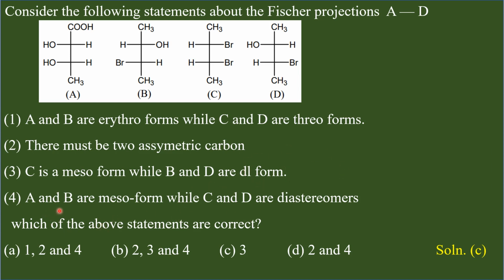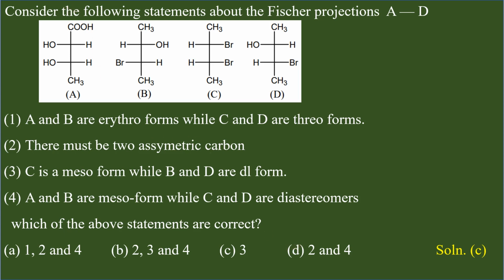The fourth one, A and B are meso forms while C and D are diastereomers. So, which of the above statements are correct? 1, 2 and 4; 2, 3 and 4; 3 and 2 and 4. So, which among these four answers is correct? That we have to find out.